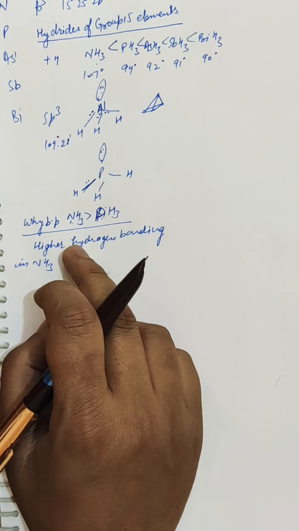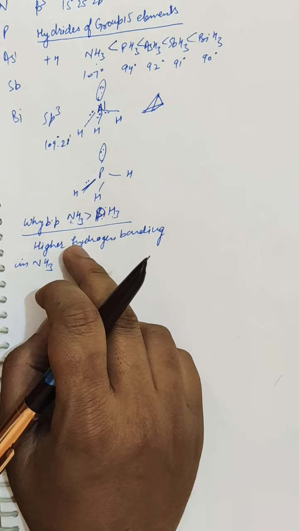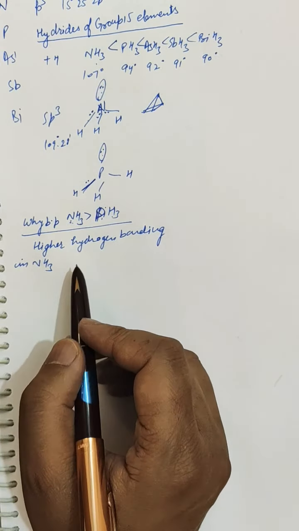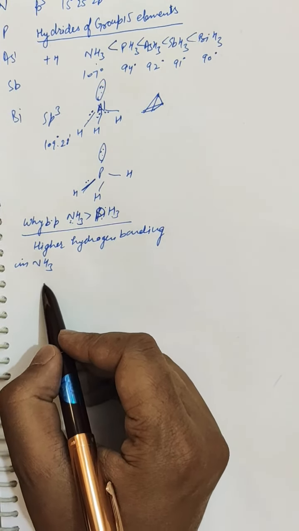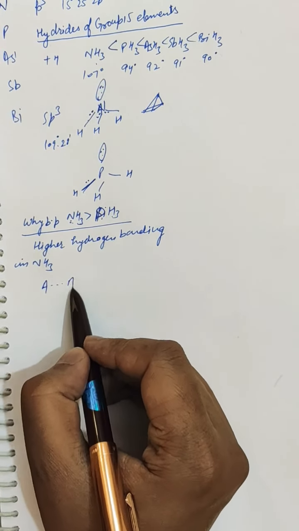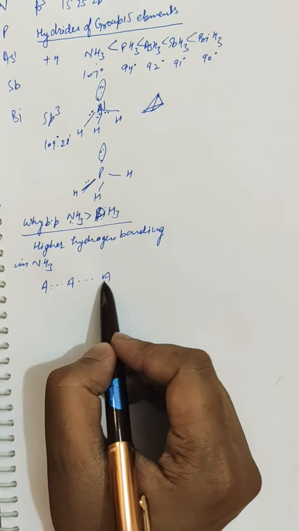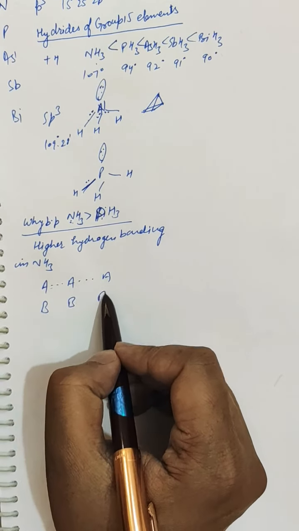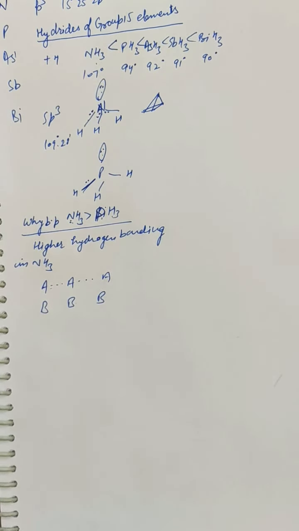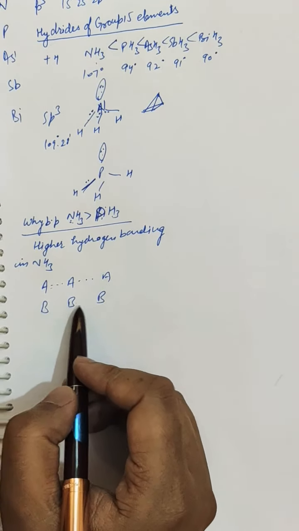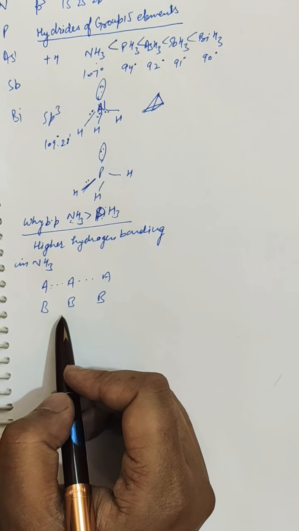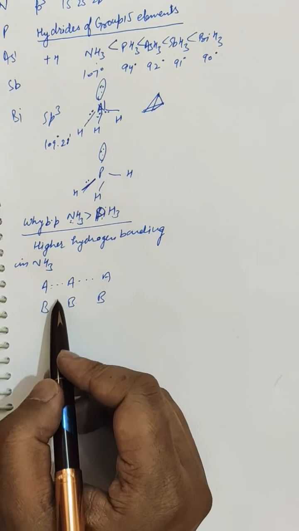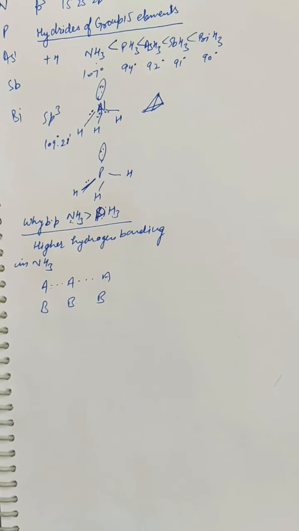So ammonia forms hydrogen bonds. Like this is ammonia, this is a hydrogen bond, this is a hydrogen bond, so they are bonded together, whereas in case of phosphorus the tendency of hydrogen bonding is very little, so molecules are far away from each other, and they easily escape when they are boiled. But ammonia shows hydrogen bonding.